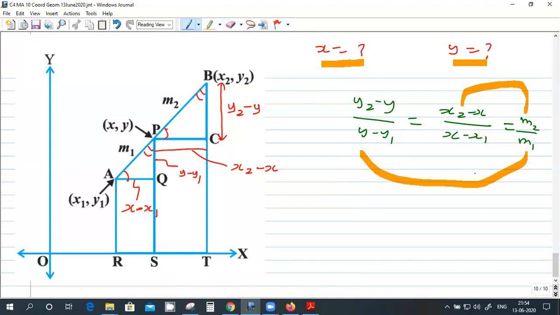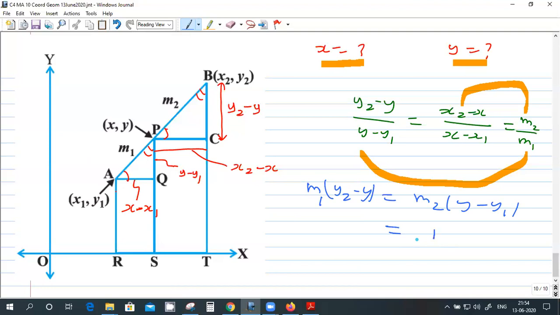Let me do it. y2 minus y equals m2 into y minus y1, and this one is into m1. Is this clear? Only y is unknown here, so I have to find y.